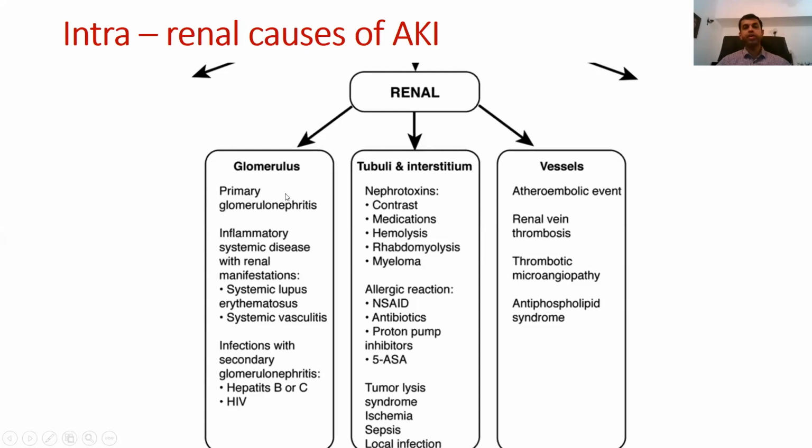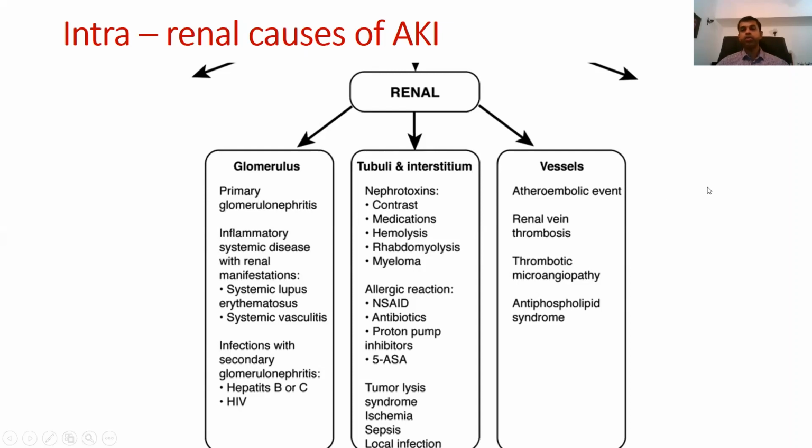So in this sort of patients, the glomerulus gets damaged, and that is the reason why the urine output goes down. Similarly, if you talk about tubulointerstitial conditions like nephrotoxins, such as medications like NSAIDs, certain antibiotics, rhabdomyolysis, myeloma, all these conditions can directly affect the tubules and damage the tubules, resulting in oliguria and AKI.